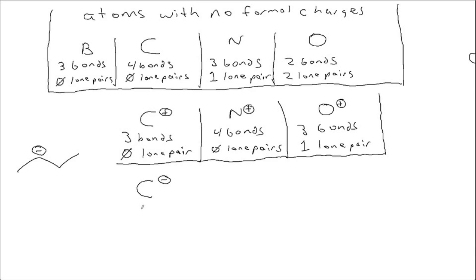Is it 3 bonds and 1 lone pair? It's kind of an unfair question because we haven't gone over the Gen Chem to solve this, but that was the right answer. 3 bonds and 1 lone pair.